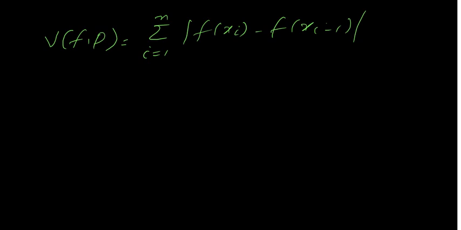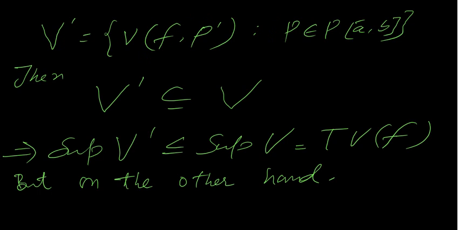Actually, I am trying to show that these two supremums are the same. The supremum of V dash is the same as the supremum of V. So I will take the partitions which contain a particular point, and the supremum over those partitions will give the supremum over all the partitions. That I will show here.